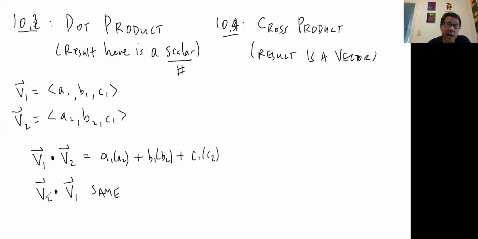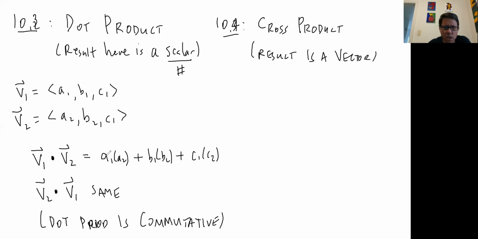So you go way back in your brain: if I do a product this way and then reverse it, I get the same thing. The fancy word is that the dot product is commutative. So I can do dot products in either order and I'll get the same answer.